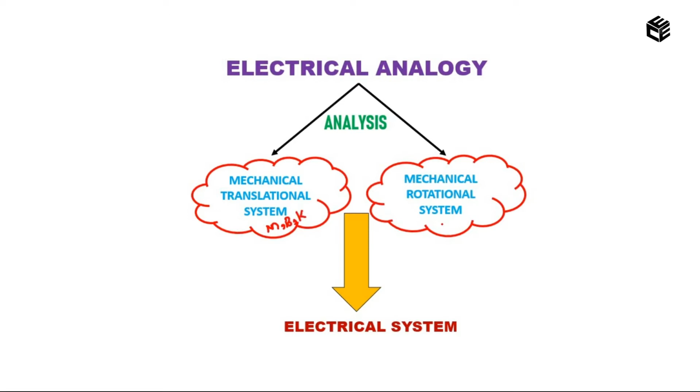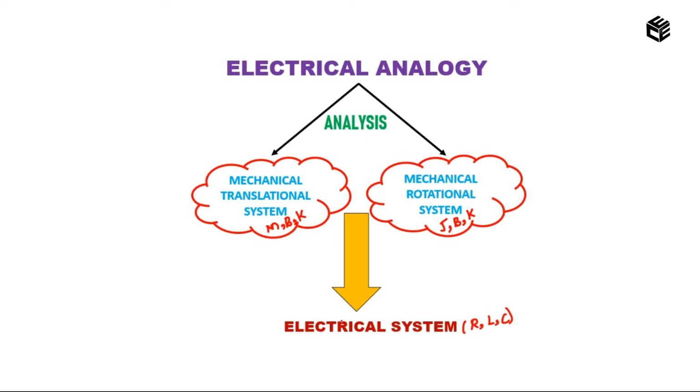Similarly, for mechanical rotational system, they are moment of inertia, dashpot and torsional spring. Correct? And the basic elements of electrical system are resistor, inductor and capacitor. Correct? So the electrical analogy method is used to convert the mechanical system to an electrical system by replacing the elements.